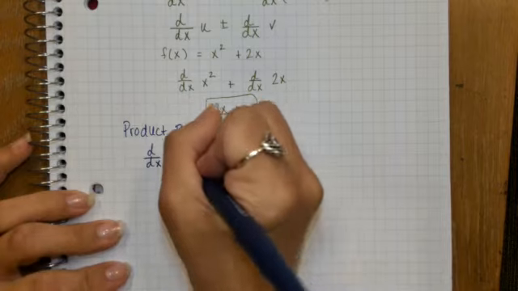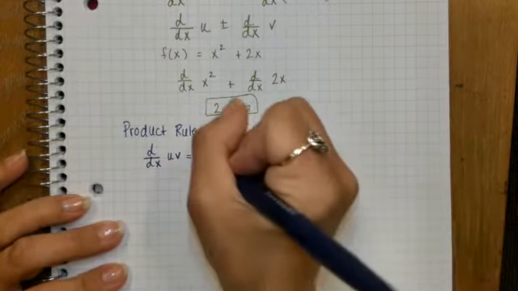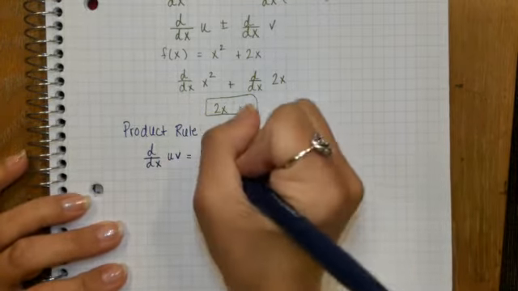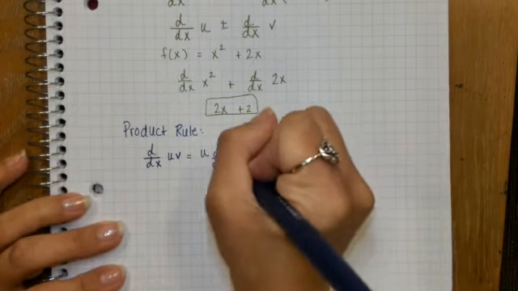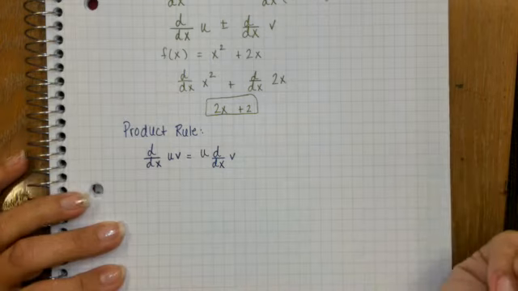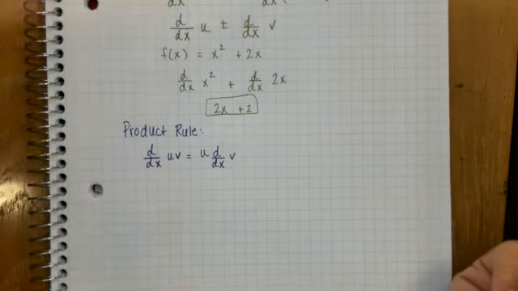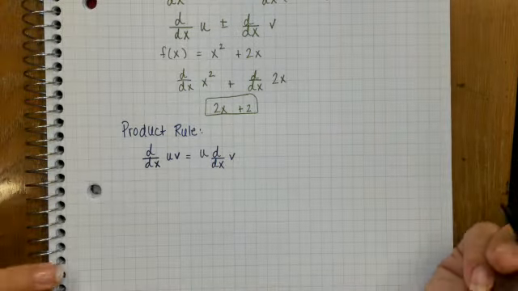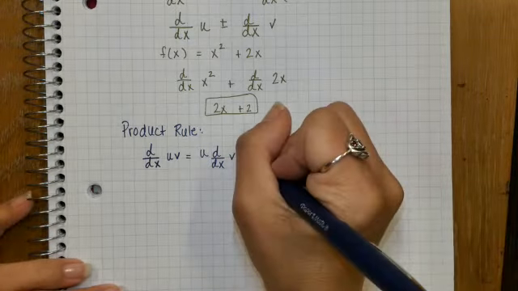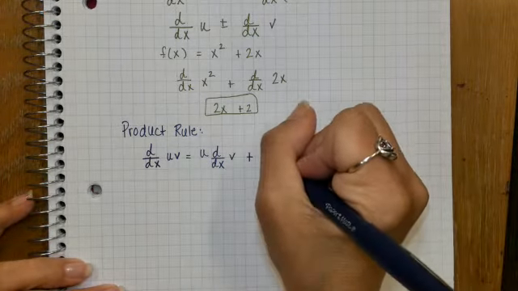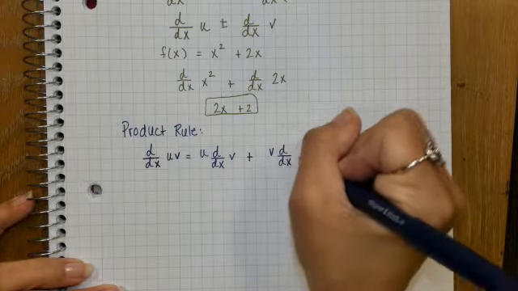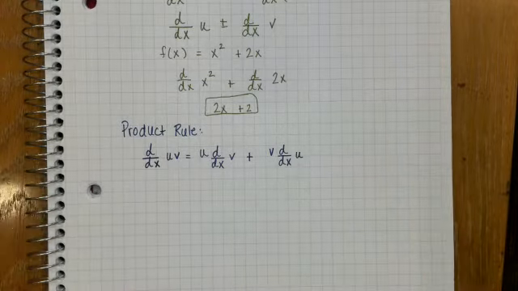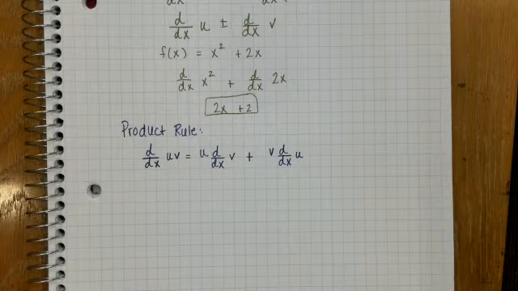And this is, ready? u times the derivative of v plus v times the derivative with respect to x of u.